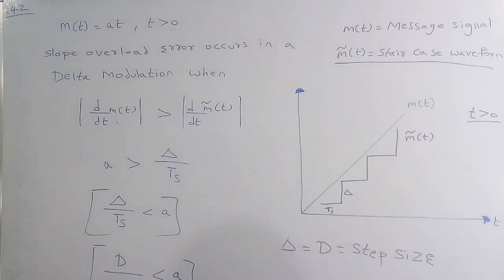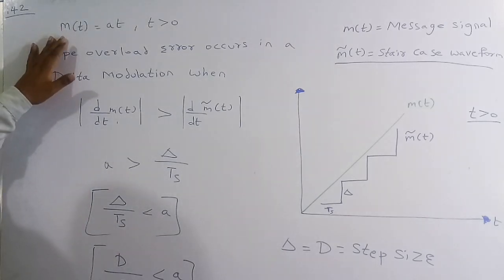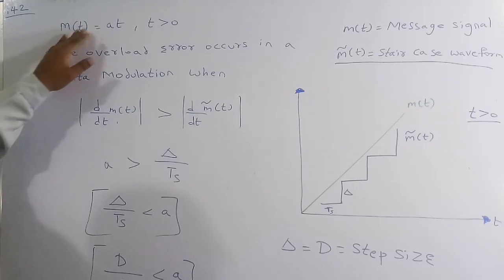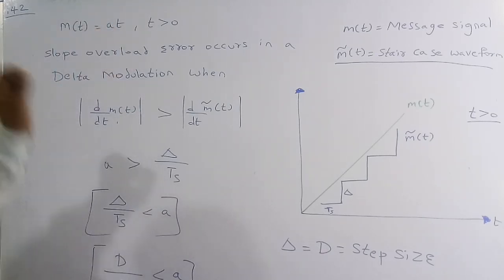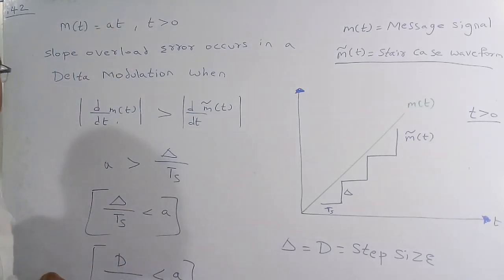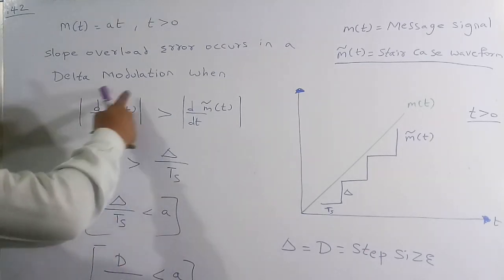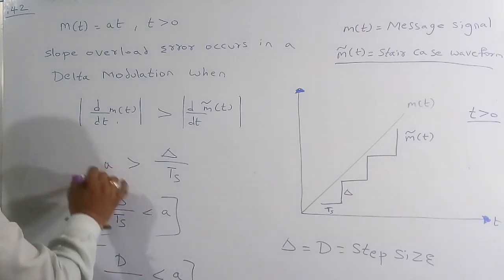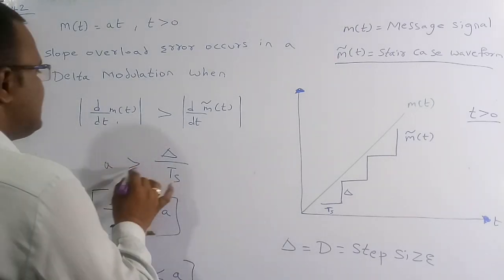So we take the derivative of the message signal m of t with respect to time. d by dt of m of t gives a value, and it has to be a positive value. So the modulus implies we take the maximum positive value itself, which gives us A. It has to be greater than.